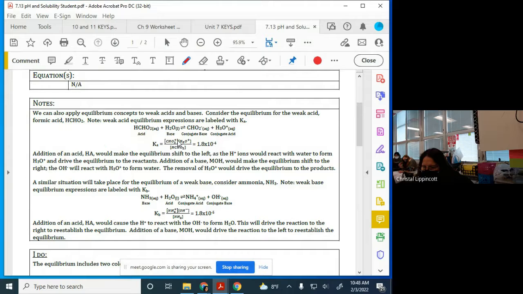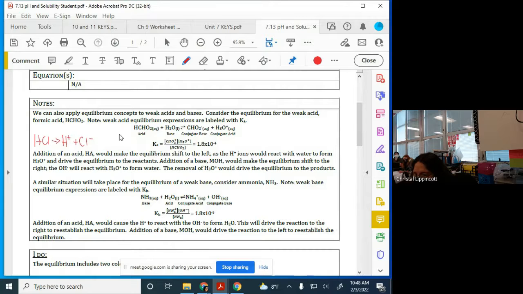Okay. So if you add extra of one substance, it'll shift towards the other side? Well, it depends on what the substance is, okay? So if the substance, like I said, is an acid like HCl, HCl is a strong acid. So you're going to get these hydronium ions or this hydrogen ion coming out.